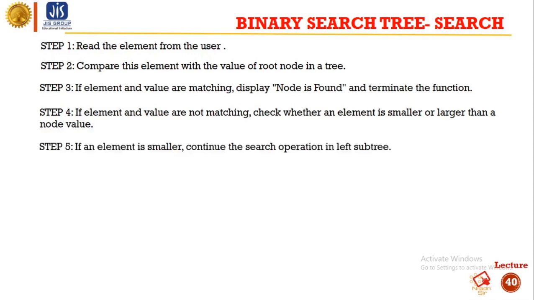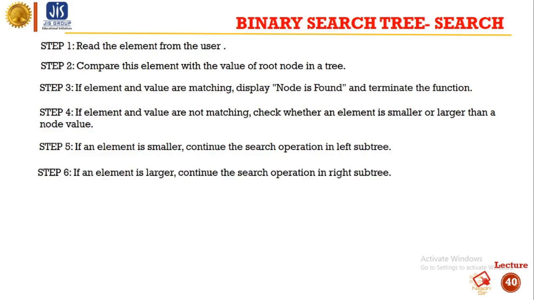If the element is smaller, we continue the search operation in the left subtree, as we have seen that all the elements on the left hand side are less and all the elements on the right hand side are greater. If the element is larger, we continue the search operation in the right subtree. In step 7, we repeat the same process until we find the exact element.